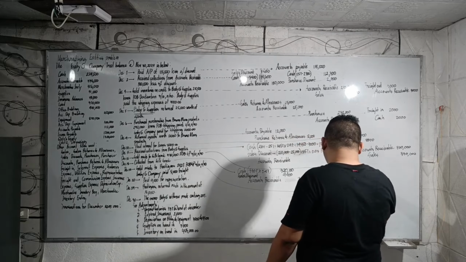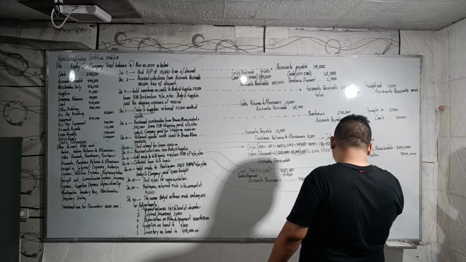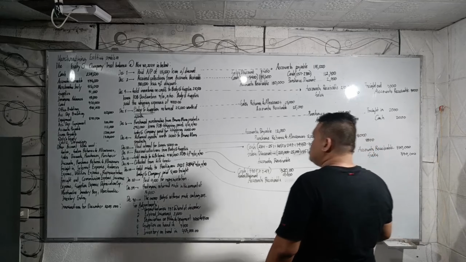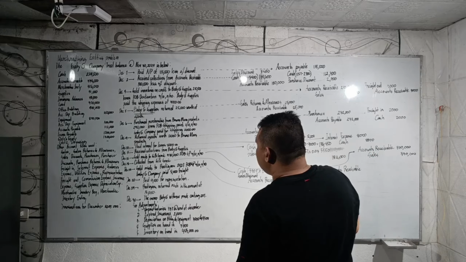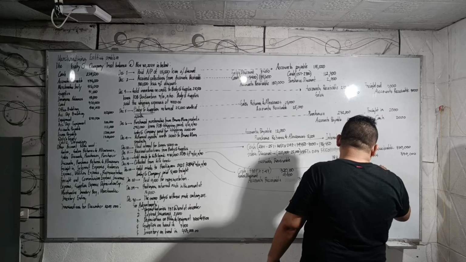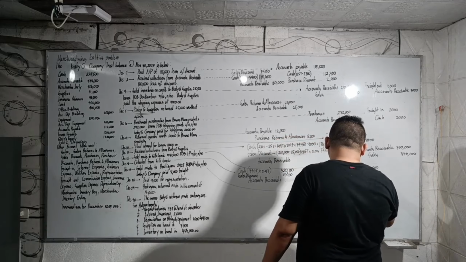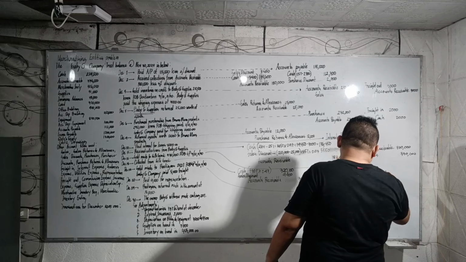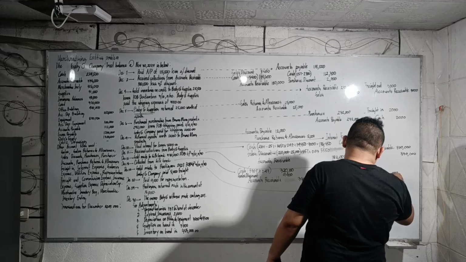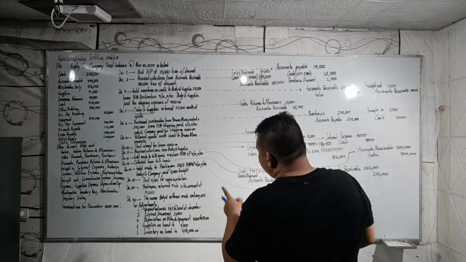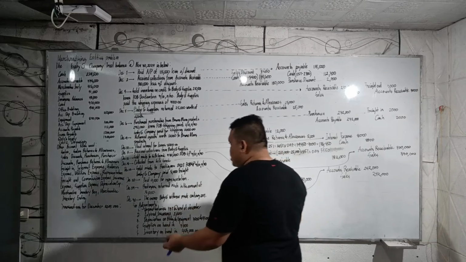So, you have accounts receivable. How much is the accounts receivable? The accounts receivable is 242,000. And then, we have credit sales, 242,000. That's the first transaction. The second transaction is we paid for the freight, which is not our responsibility.